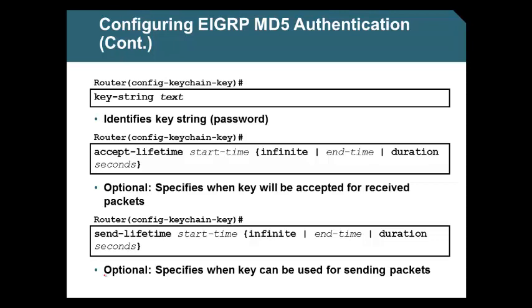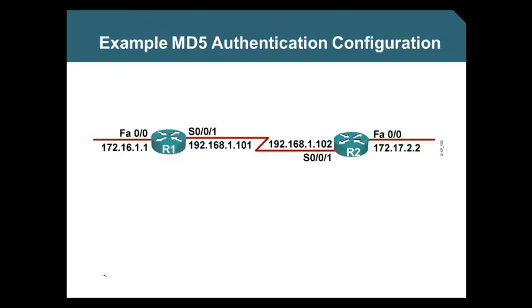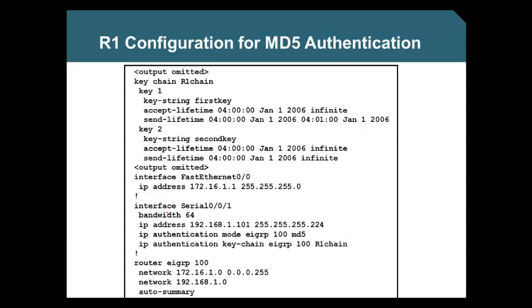So we got the keychain configuration. Next you need to go and apply it. You see this example. There's a keychain called R1 chain which has two keys. The first key's password is first key. The second key is the actual password. The accept lifetime is January 1st, 2006, 4 o'clock, forever.